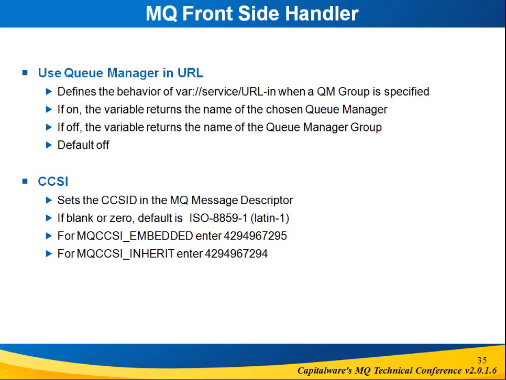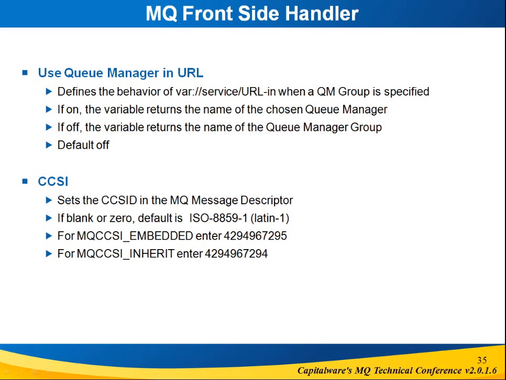Next parameter is CCSID. Now remember that the queue manager connection object itself has a CCSID value, which indicates the global CCSID for the DataPower box itself, but for each individual front-side handler you can override that. This could be useful if you know you're dealing with a transitory queue manager, meaning that it's only an intermediary between DataPower and the final destination.